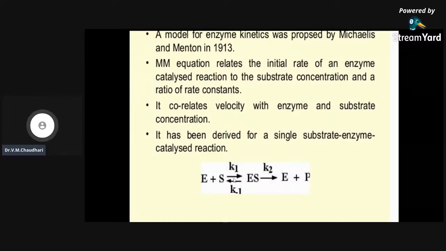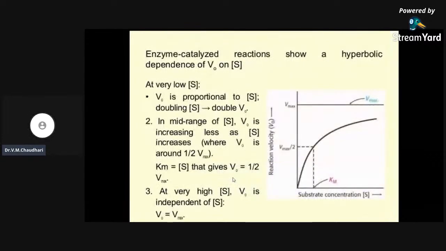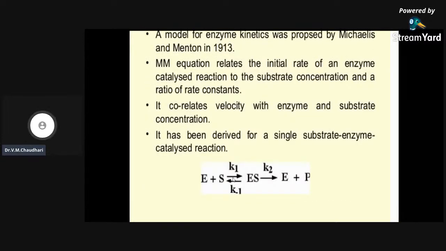So this rate constant आपण काय लिहिलं इथे किंवा काय सांगितलंय? It relates the rate constant. What relates the rate constant? Michaelis Menten equation. So enzyme plus substrate by rate constant K1 converted to enzyme substrate complex.